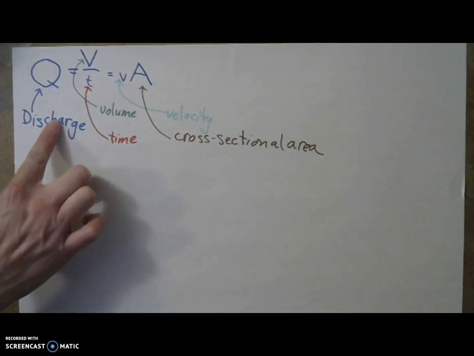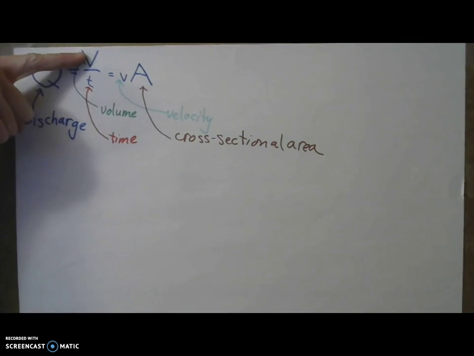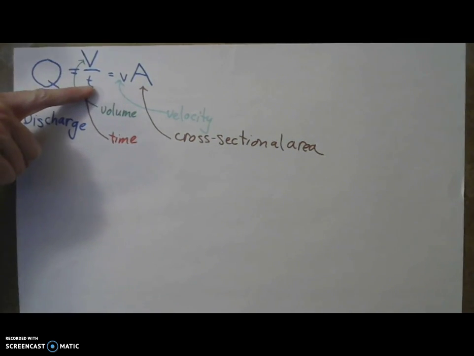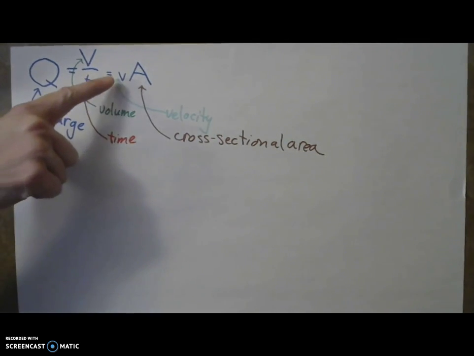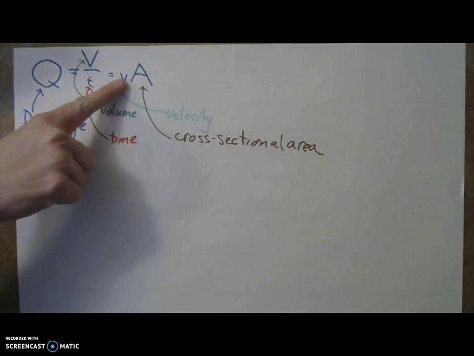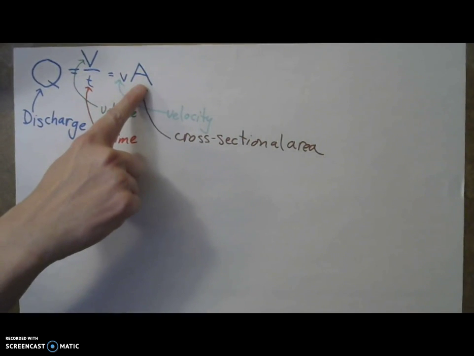Discharge equals volume divided by time, which equals velocity times the cross-sectional area.